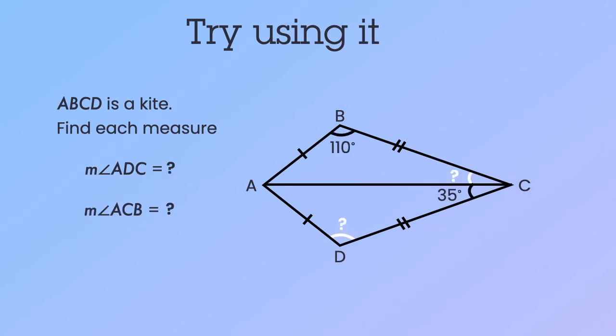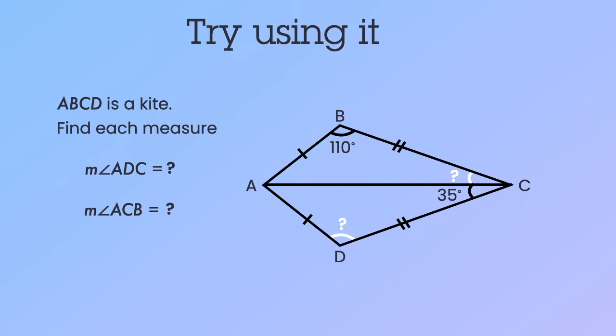Now let's look at another one. We've got some more angles we're going to find. So we have one angle marked at the very top and one of the right side angles marked. And the thing to remember here, when we look for angle ADC, so that's the one at the bottom, is that the triangles that are split by this diagonal, there's a top triangle and a bottom triangle, they are congruent. So their corresponding parts are congruent.